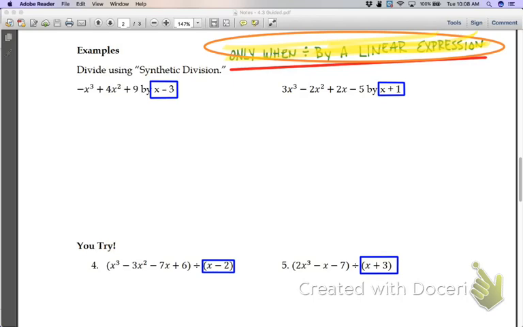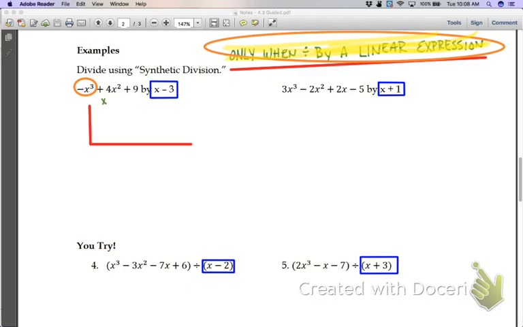So whenever I do this, I'm going to draw my box, but instead of drawing it with the vertical or the horizontal line on top, it's going to be the opposite. Now, in this case, my highest power is the third.